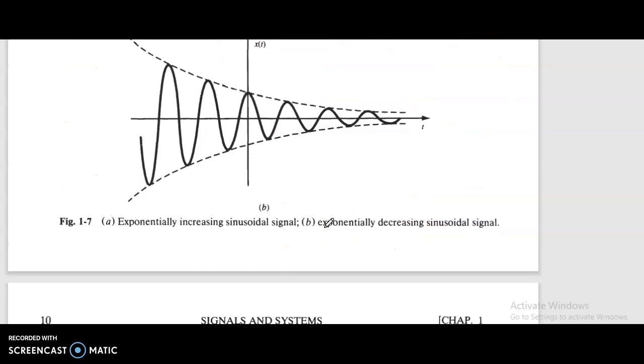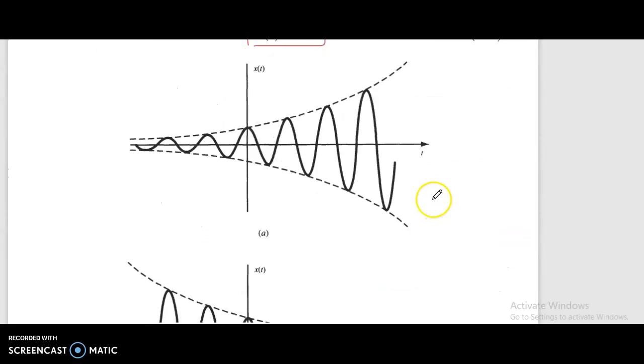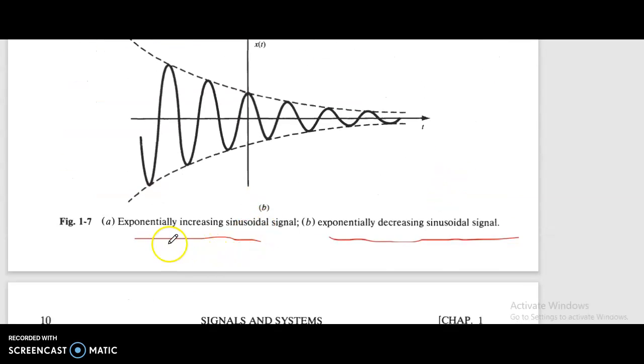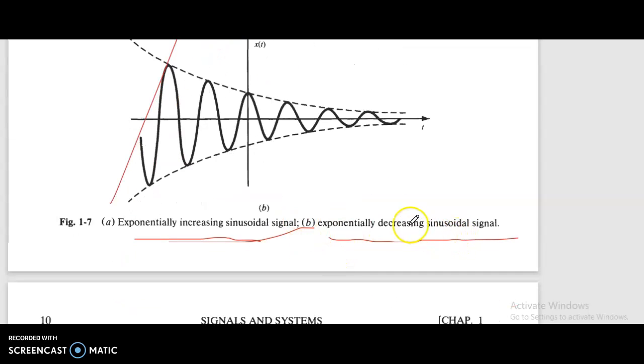Here we have exponentially increasing sinusoidal signals and exponentially decreasing sinusoidal signals.